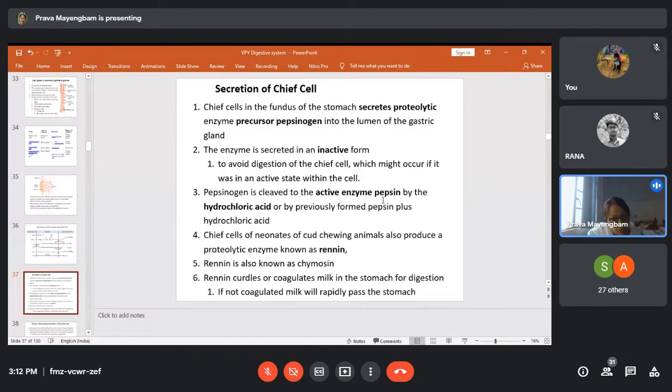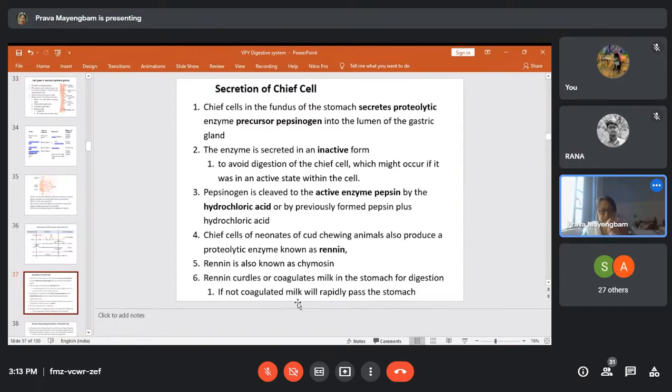This activation will happen in the presence of HCl, or by the presence of already formed pepsin plus hydrochloric acid. Already converted pepsin, in some amount mixed with HCl, will convert the pepsinogen into pepsin. If we talk about size, pepsin is smaller than pepsinogen.